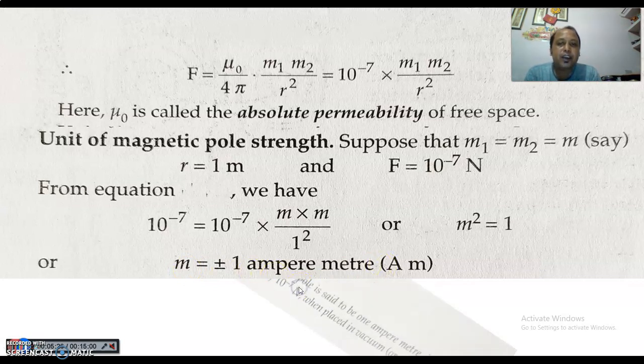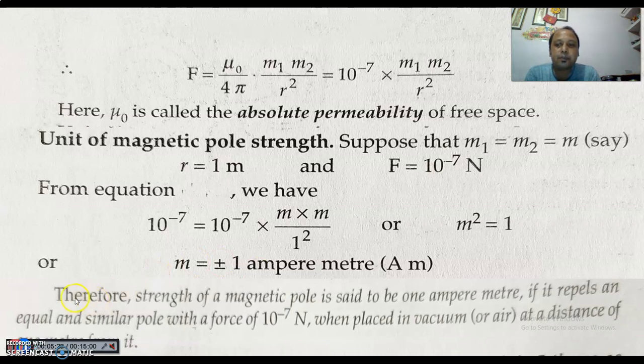So now we can define 1 ampere meter. See here, the pole strength of a magnetic pole is said to be 1 ampere meter, if it repels an equal and similar pole.